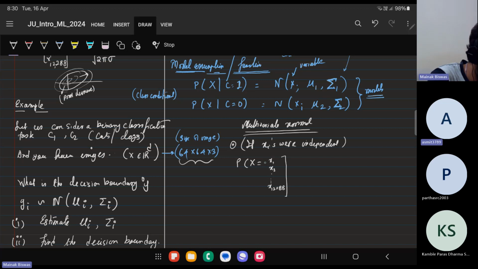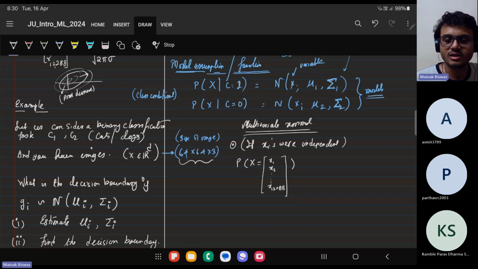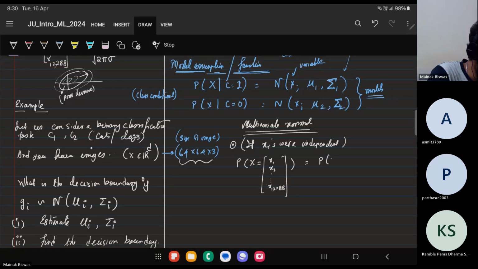This is your X, and you have to estimate the density for this point. So this will be P of x1, x2, dot, dot, dot, x12,288.